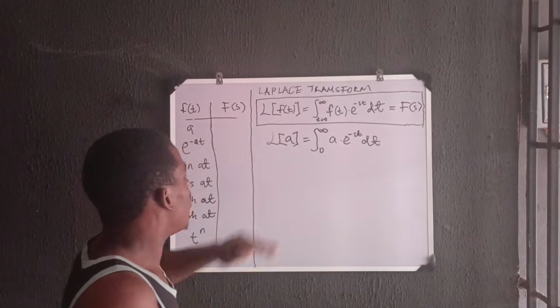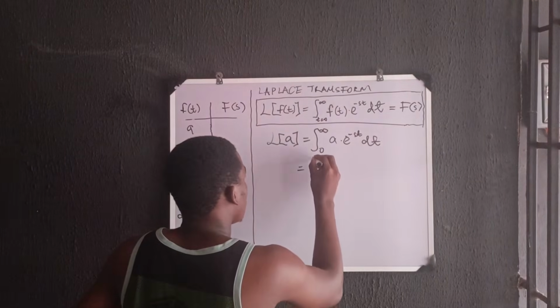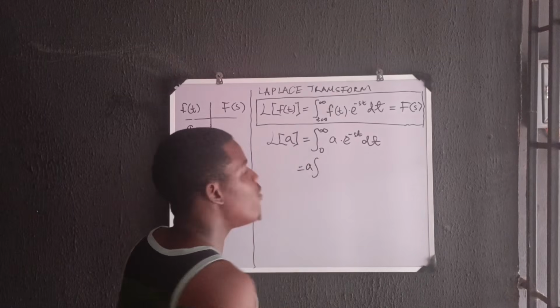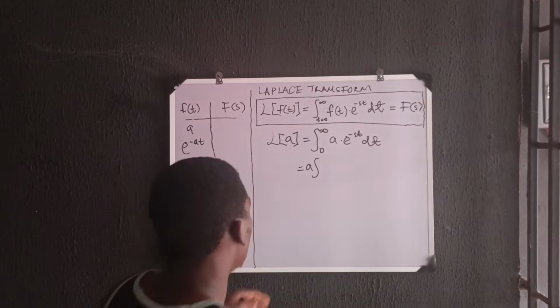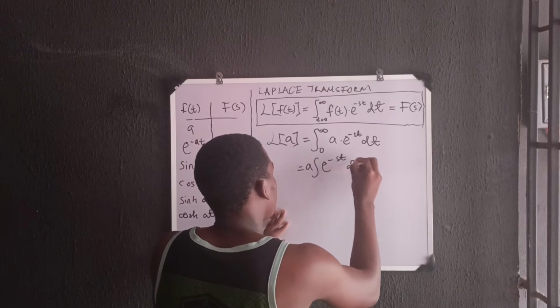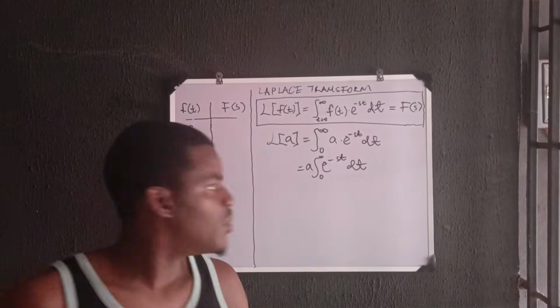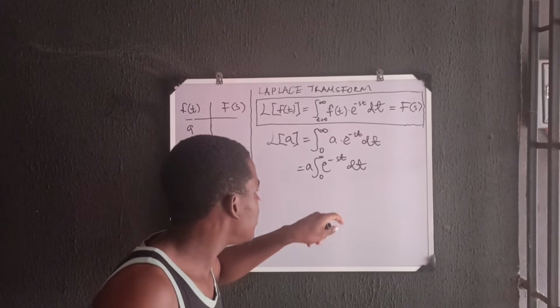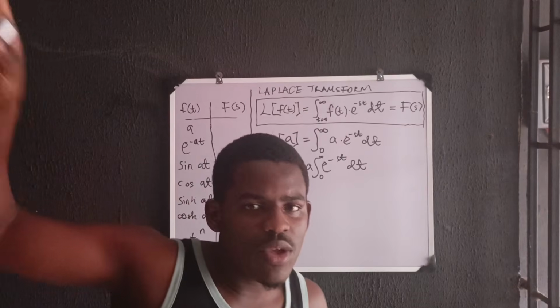Now, what are we going to do here? The first thing we do is remove A, because you know it's a constant. So it remains outside. Now let me ask you, if you take the integral of e to the negative st, what are you going to get?